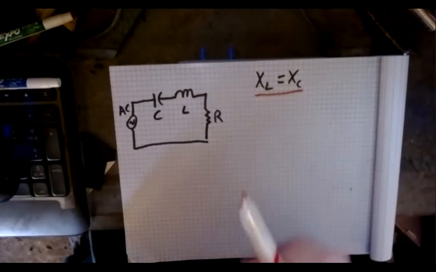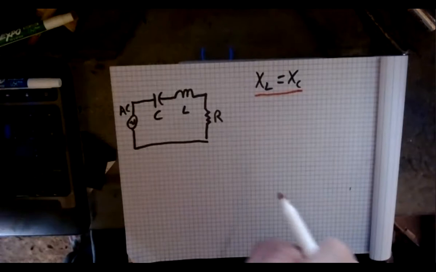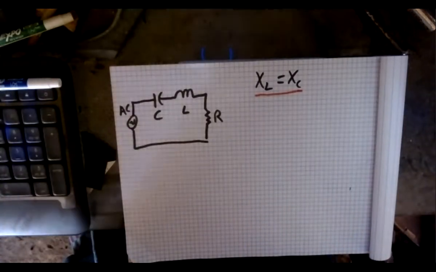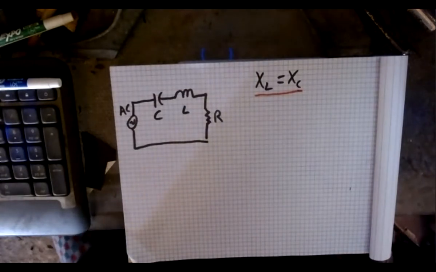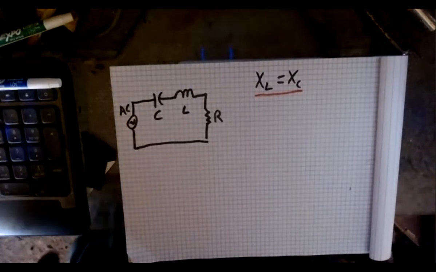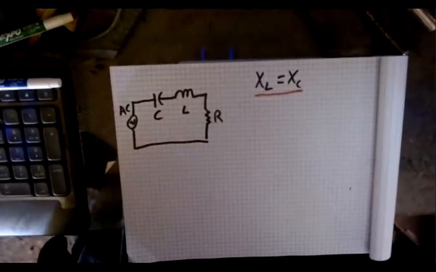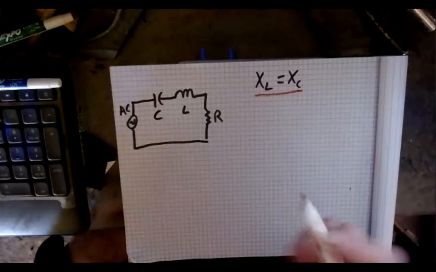But the key here is this: we're going to do the homework for it, but let's look at it from our technician standpoint. What are we actually looking at here, and what are we trying to do? We have this RLC circuit with all three components, much like the lab we had yesterday.